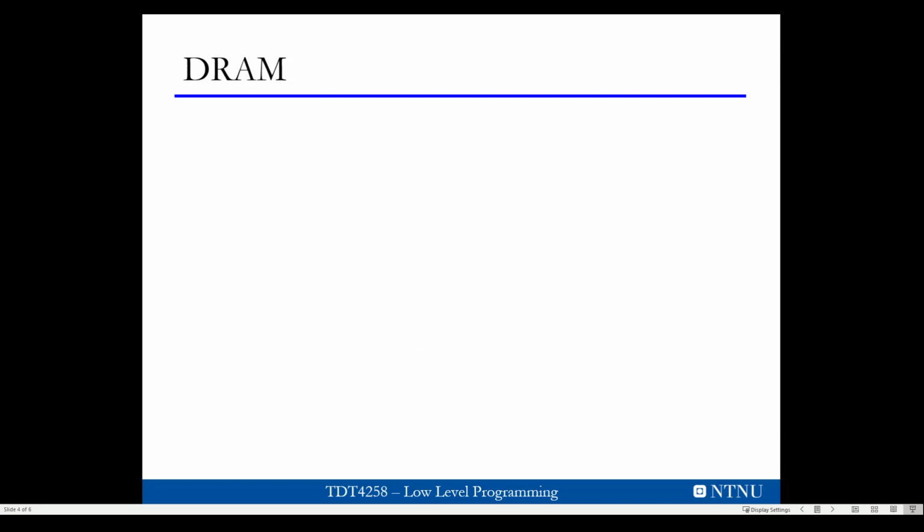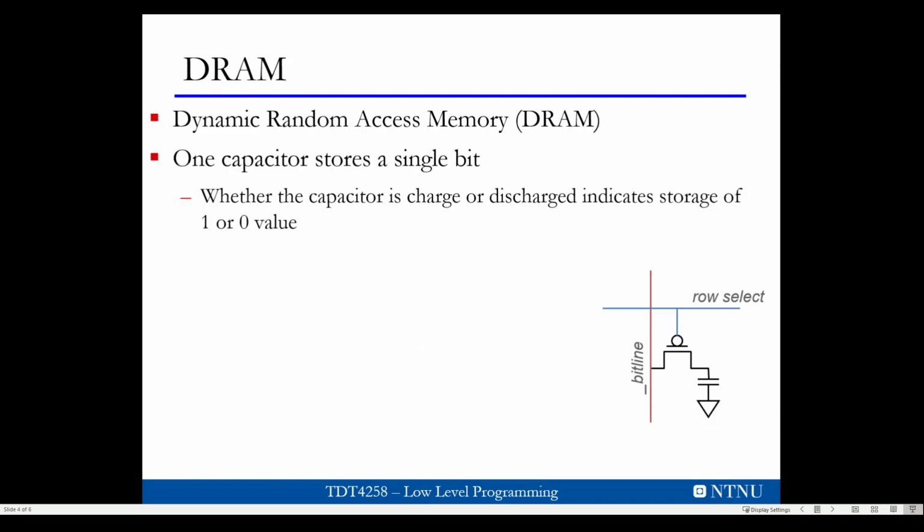Okay, now let's move on to DRAM, the dynamic random access memory. Instead of using 2 cross-coupled inverters like in SRAM, DRAM uses one capacitor to store a bit. The charge stored in the capacitor represents 1 or 0. For example, if the capacitor is charged, it's a 1, and if the capacitor is discharged, it's a 0.